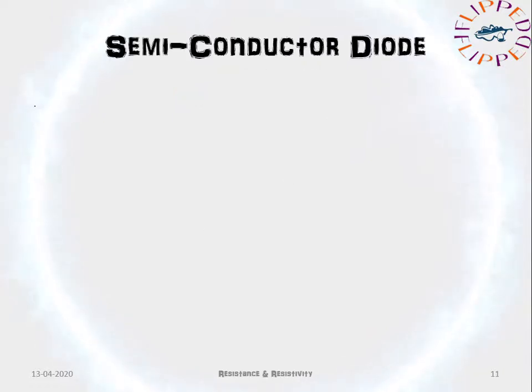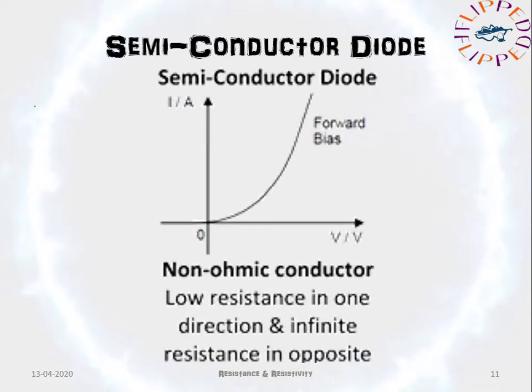Okay, the next one we'll look at is the semiconductor diode. And the semiconductor diode is a component that specifically prevents current to flow in the opposite direction. This is used when we turn alternating current into direct current. Okay, so what we see is that it has a low resistance in one direction and an infinite resistance in the opposite direction.